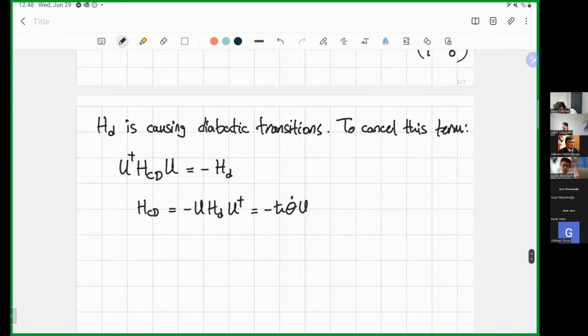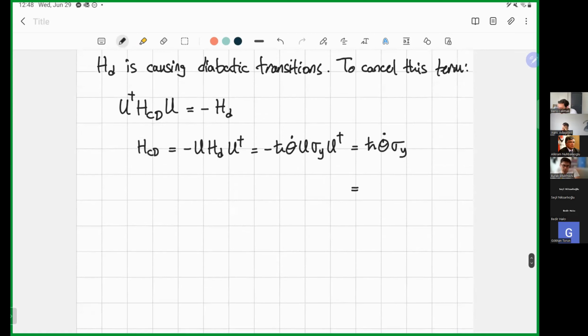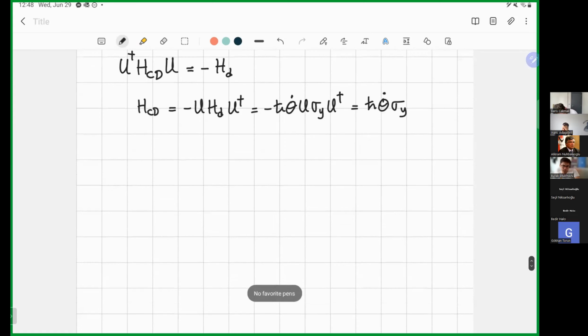You have U sigma y U dagger, which would give you the following h bar theta dot sigma y in the sigma z basis, the original basis. This explicitly tells you, so let me plug theta dot in. What you get is the following. Let me rewrite it all together here. So this H_CD is minus h bar.